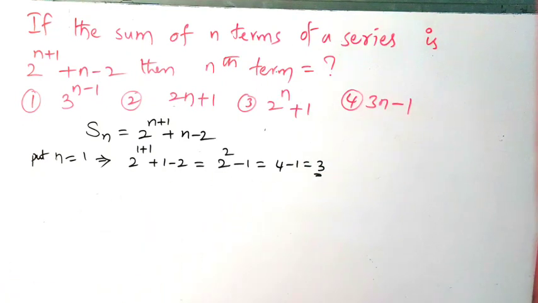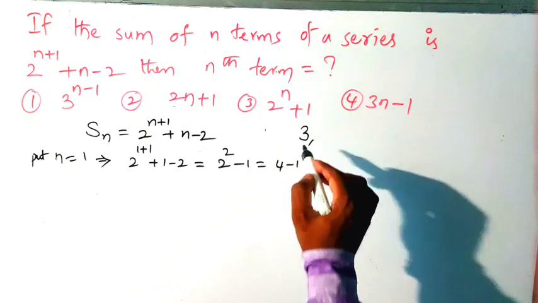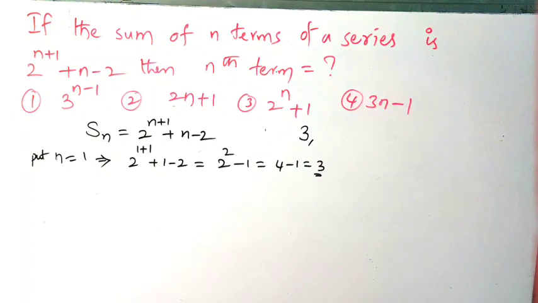So put n equals to 1 in LHS or RHS, then we get S1. So the series begins with 3, which is the first term of the given series. Then we find its second term. How to find the second term?